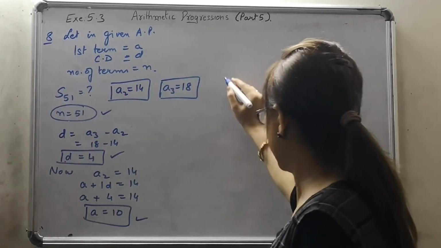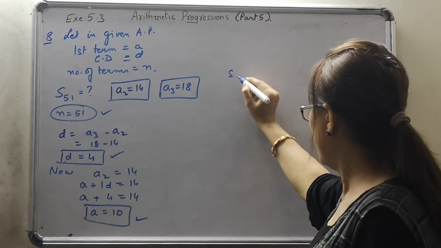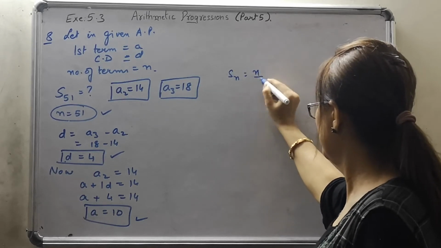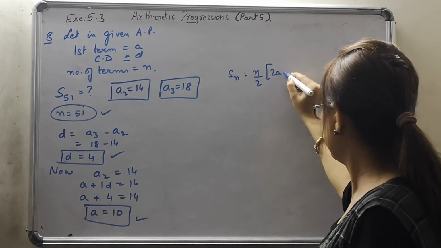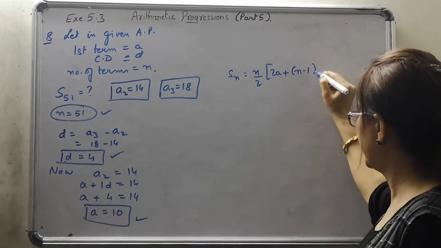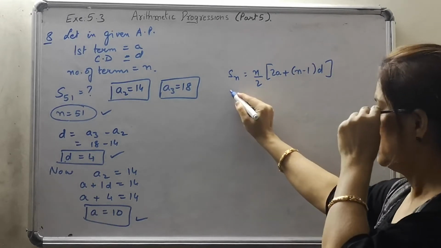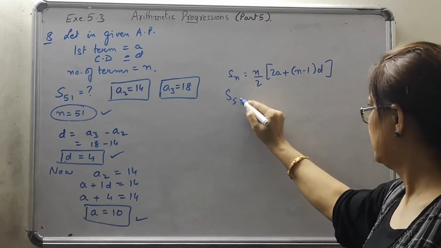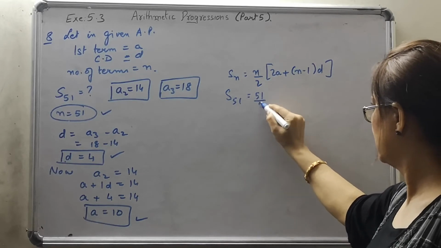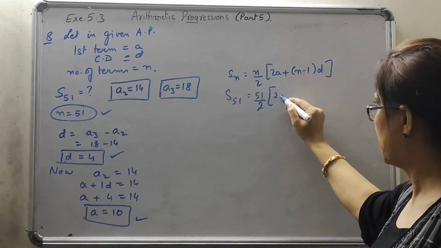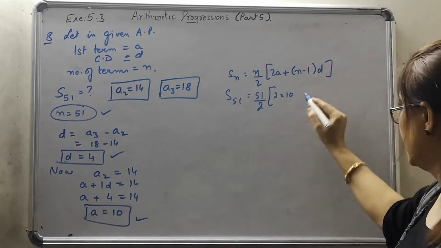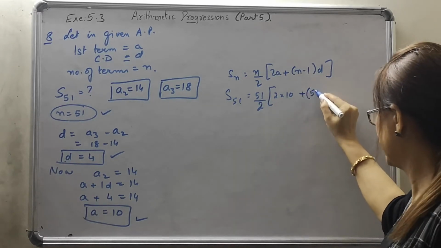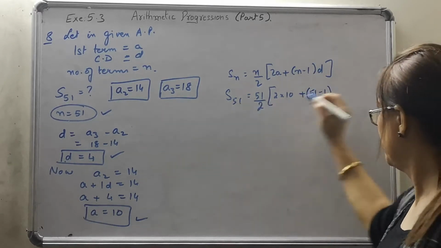So we can apply the simple formula of Sn, that is n upon 2 into 2a plus n minus 1 into d. Instead of n, we'll put down 51. So this is 51 upon 2 into 2 times 10 plus 51 minus 1 into d, and d is 4.